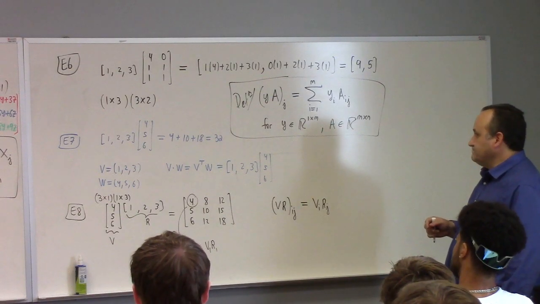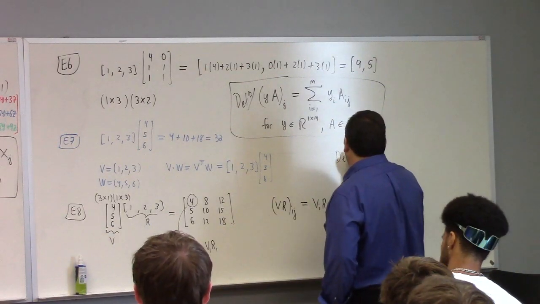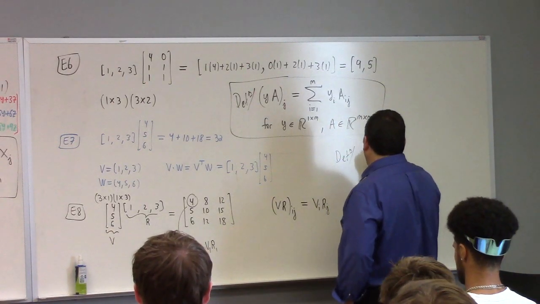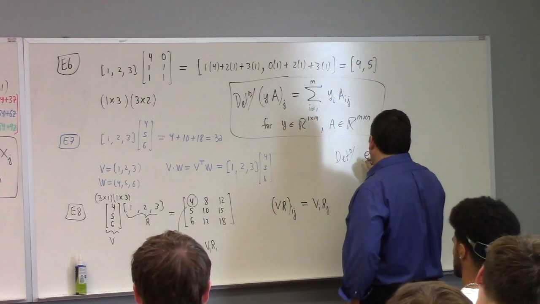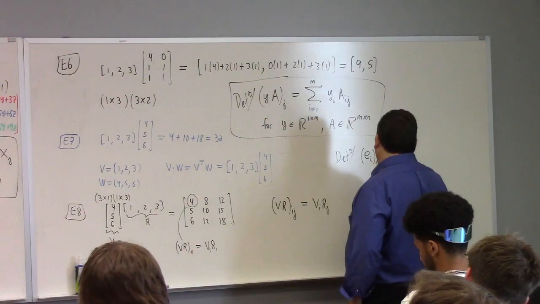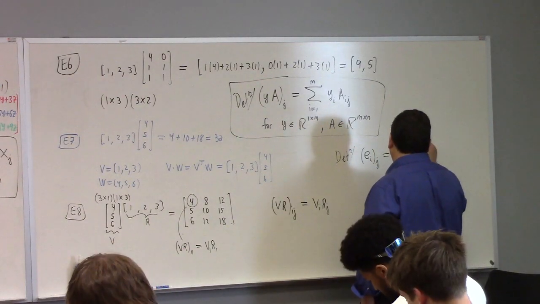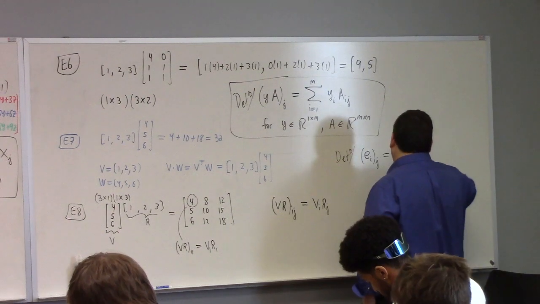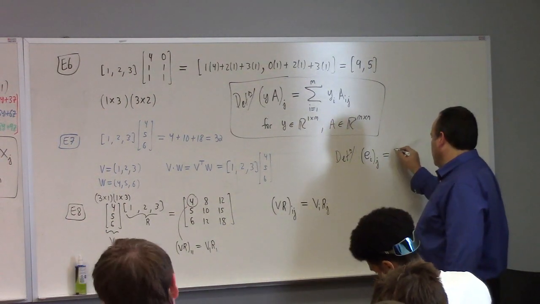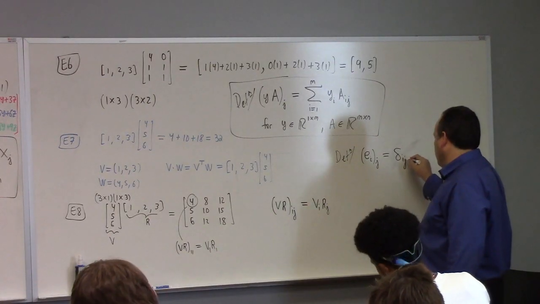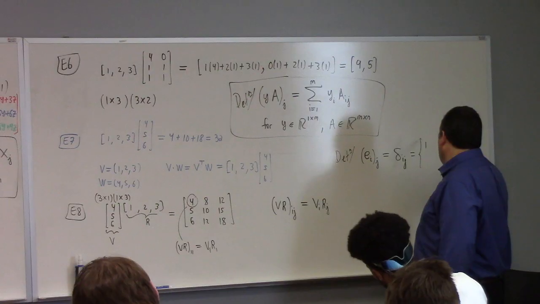So let me finally define the standard basis. Here's how that goes. e_i, the jth component, is Kronecker delta ij. You might wonder, what's Kronecker delta ij? Well, it's 1 if i is equal to j.